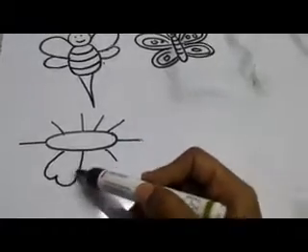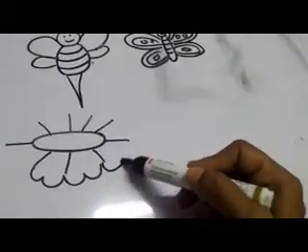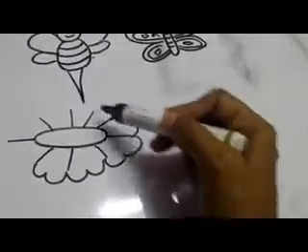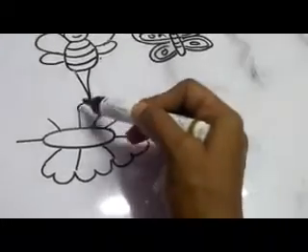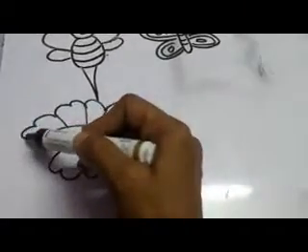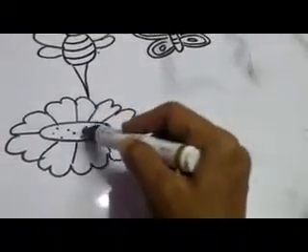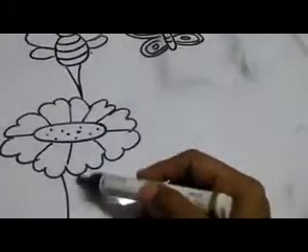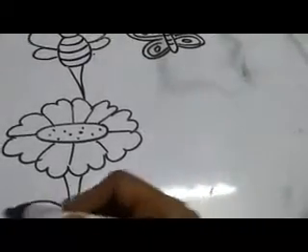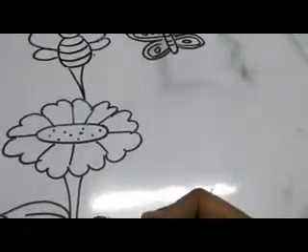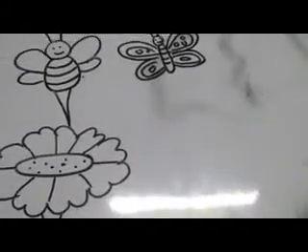See this way. So it will be like a flower. See? Easy, isn't it? And then for the stalk of the flower and leaf, just make one oval and one line. Like this way you can make a few more flowers.